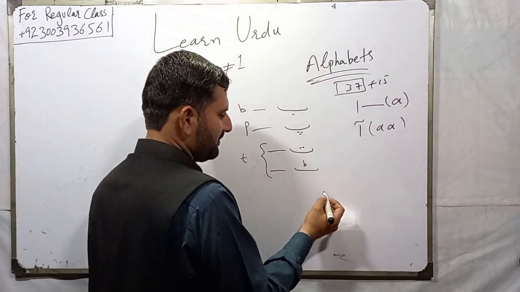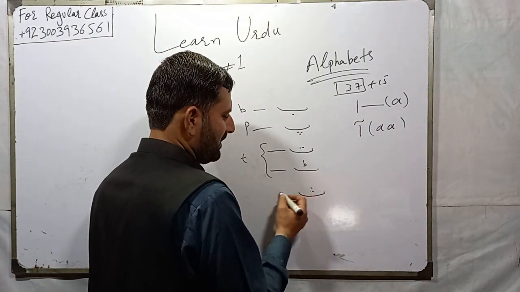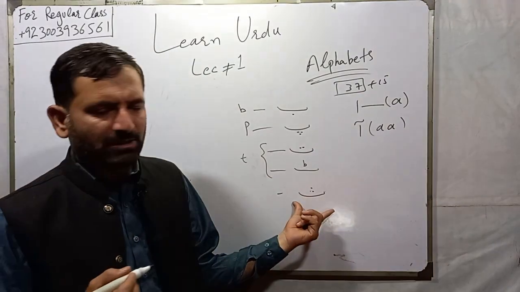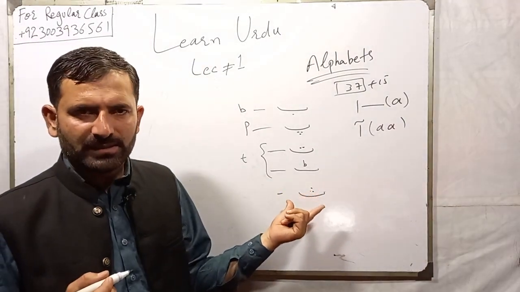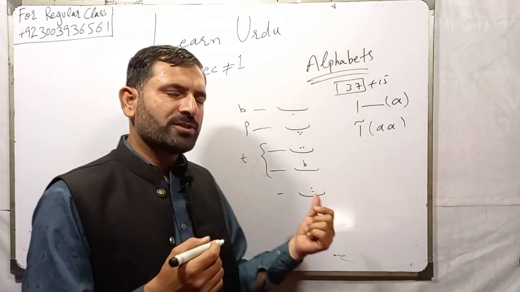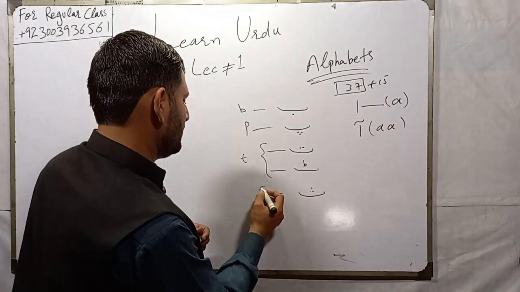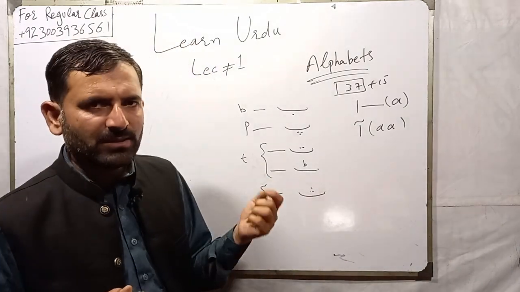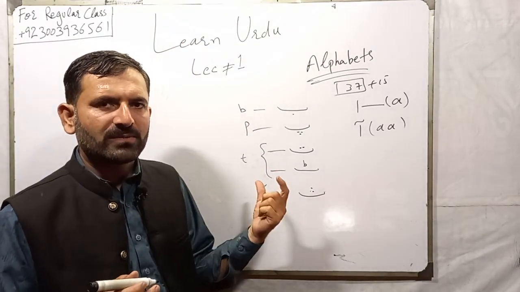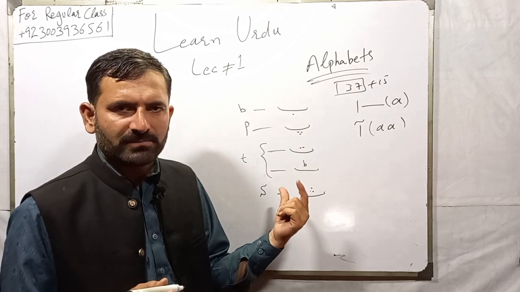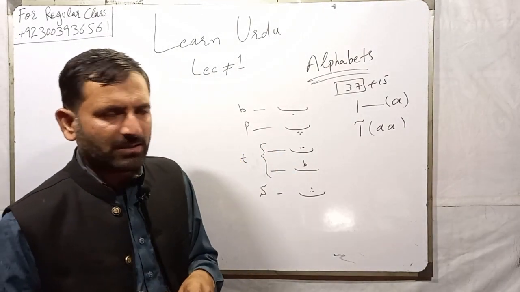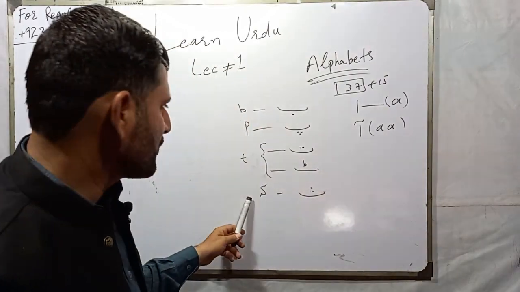The next one is Se. In Urdu, we call it Se, and in English, it's similar to S. Its sound is sa, sa, salas, summer. It has a similar sound to S.